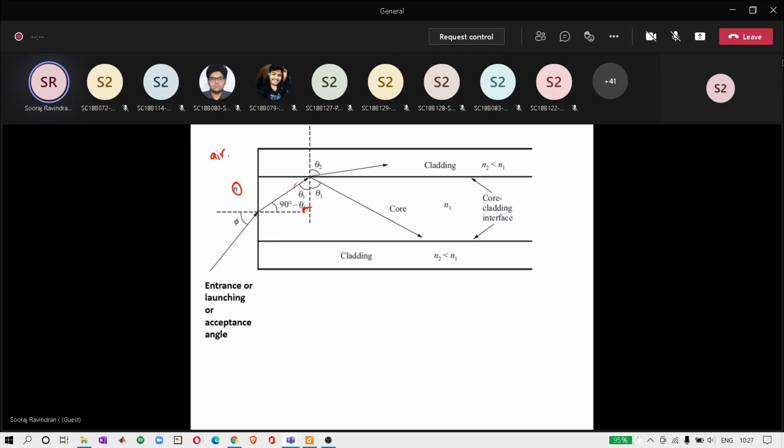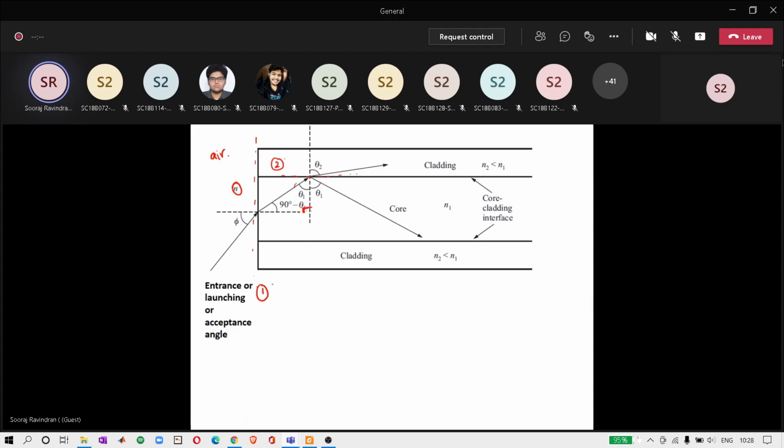We are just choosing some angle and we want to find a proper relationship. Our aim is to ensure that no ray escapes into the cladding, that everything gets reflected back. When you are launching, you have the first interface along this line, and the second interface along this line.